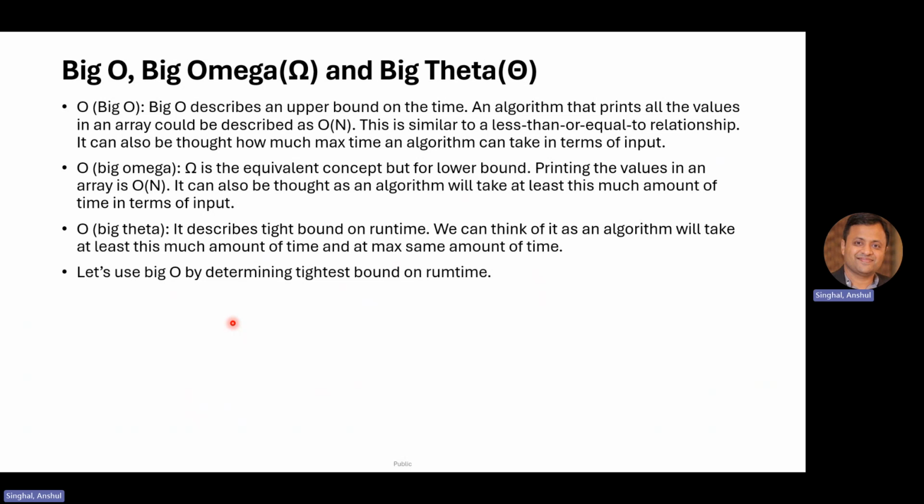Then how we measure time and space complexity using big O, big omega, and big theta notations. And finally, we understood that if someone asks us to determine the time complexity or space complexity, we always look for the tightest bound on the runtime.